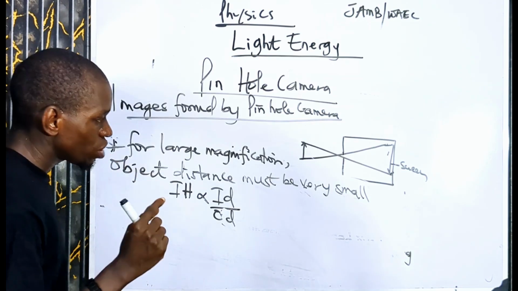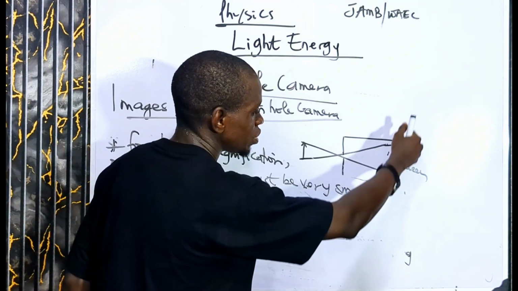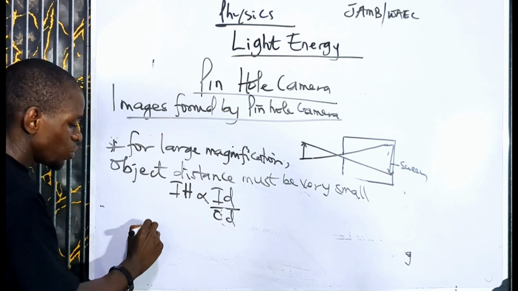Likewise, another point to note: if you increase the length of this camera, the image formed will also be large. Let me show you how I knew. Look at this.